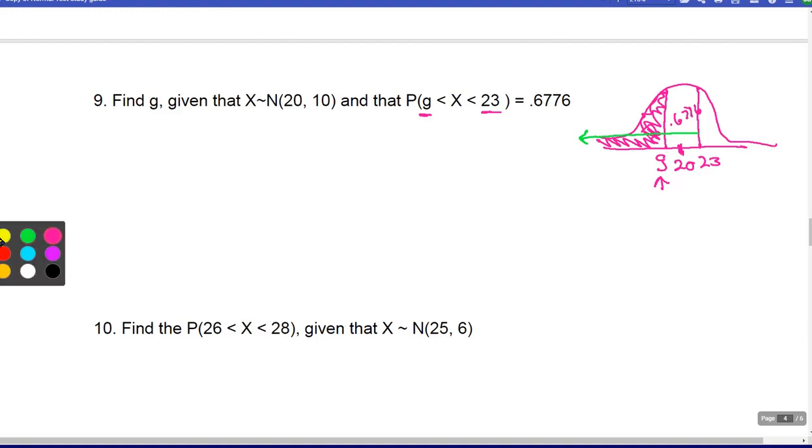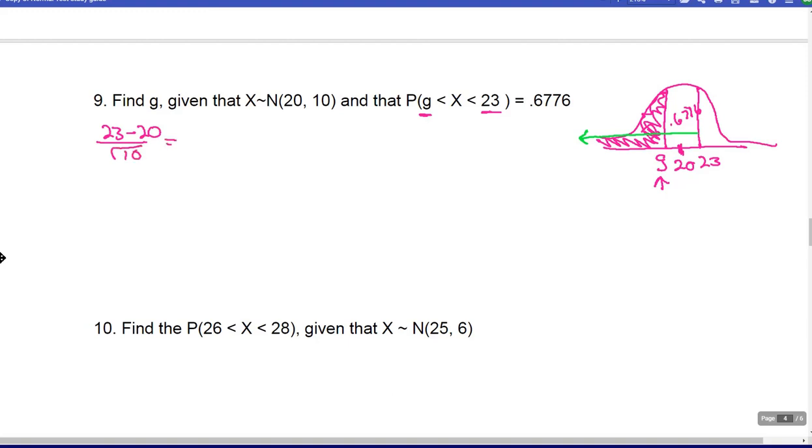All right. So here's what I'm saying. You're right. I want to find the z-score of 23. But I want you to know why we want to find it. I want to find the area below 23, and then I'm going to subtract 0.6776 from it. That'll tell me the area that's below my number. Are you with me? All right, so let's try it. 23 minus 20 divided by square root of 10.